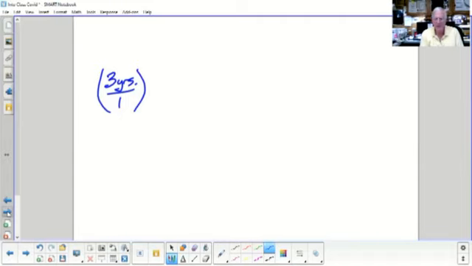If I wanted years on top up here, on top of this fraction, 3 years over 1, to cancel, like they do in fractions, where would years have to go so it would cancel out? Well, you know that years would have to go down here, okay? And what is the conversion of days to a year?